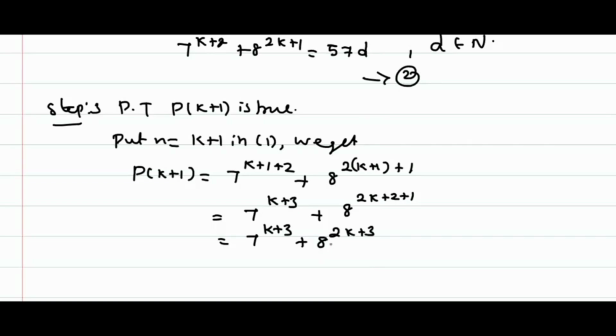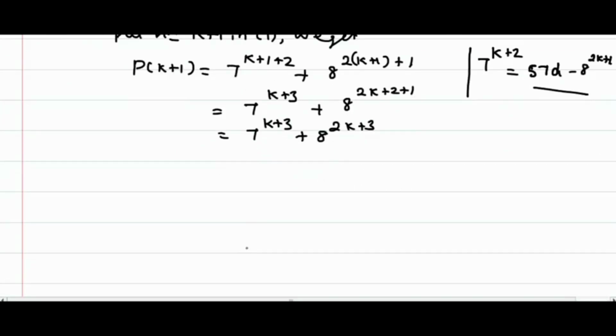Now we will verify whether this expression is divisible by 57 or not. From equation 2, I'm going to write 7 power k plus 2 as 57d minus 8 power 2k plus 1. Here 7 power k plus 3 is there, so I write this term as 7 power k plus 2 into 7. And 8 power 2k plus 3 can be written as 8 power 2k plus 1 into 8 square.